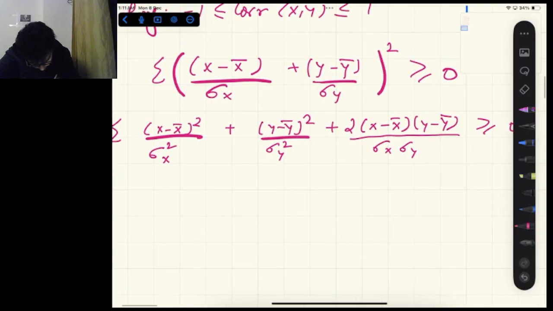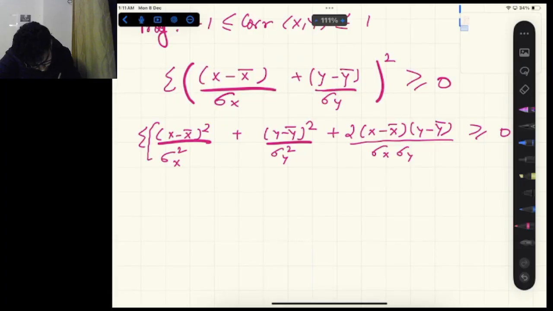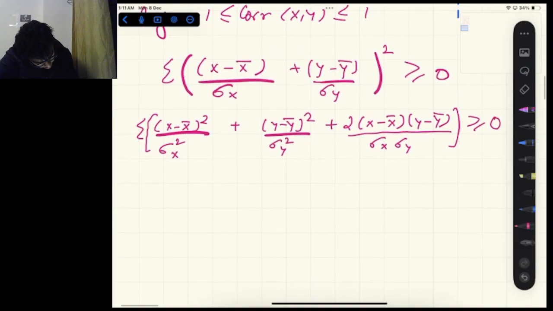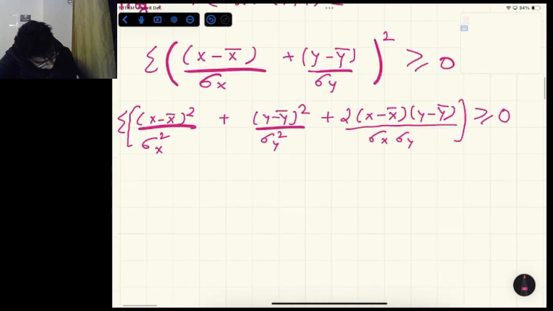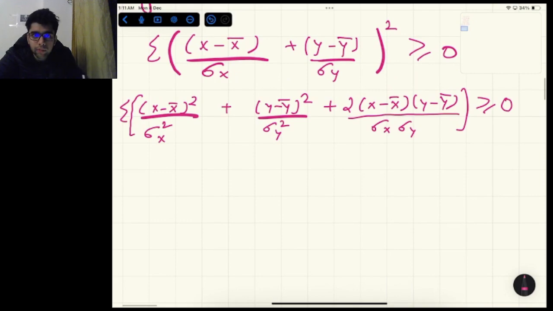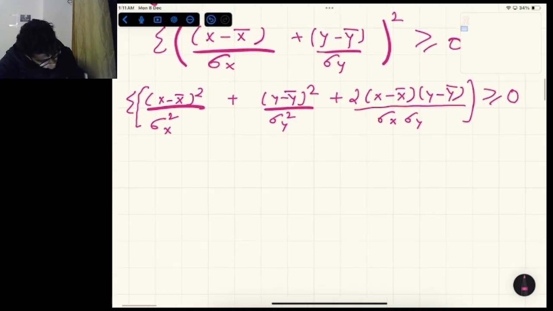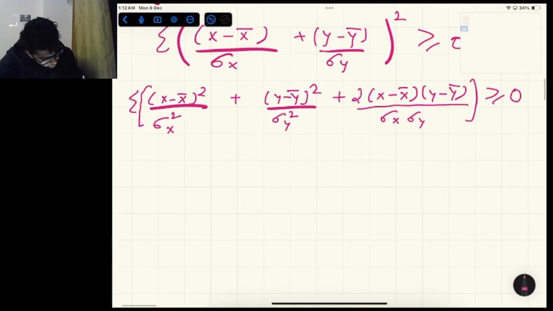And I also have the sigma term here, right? So now I'll just solve this.